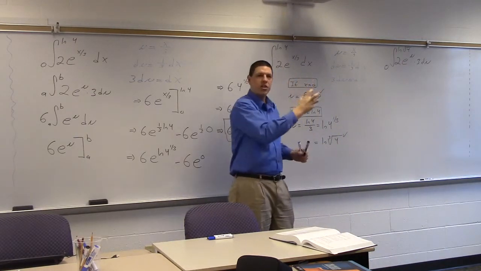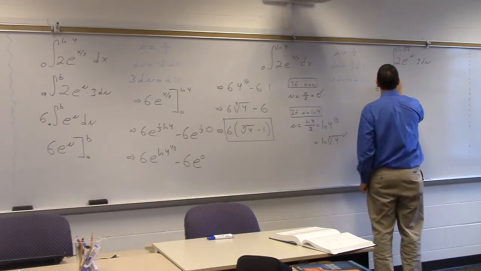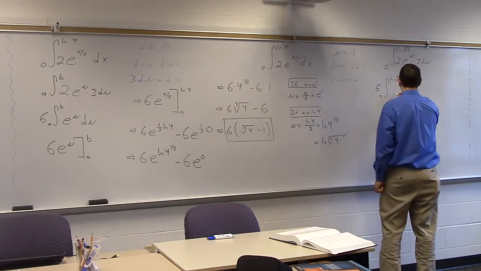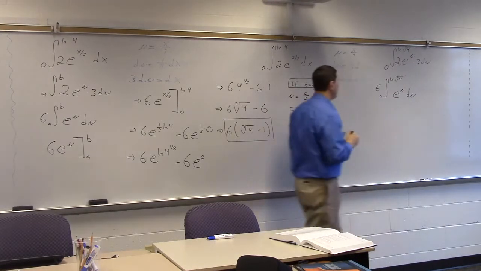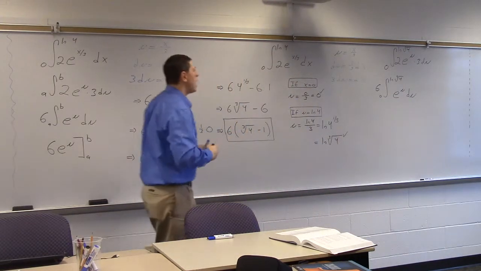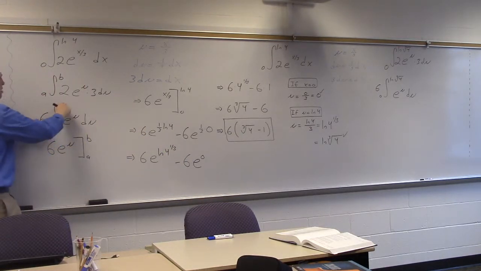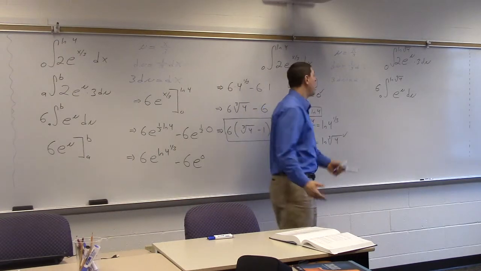Let's factor the 6 out just like we did in the previous problem. So now I have 6 integrals from 0 to ln cube root of 4 e to the u du. And now we can see that we have the exact same integral that we had right here, except that instead of a to b, now we have the limits 0 to ln cube root of 4.